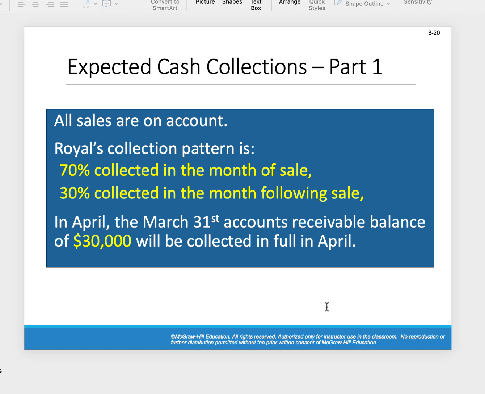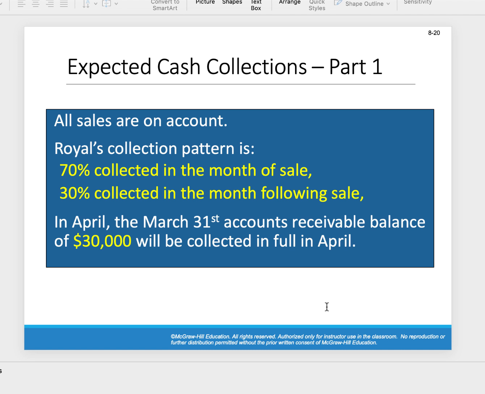Now we need to look at collections. When am I going to collect this cash? In the book world, they're going to tell us that the company recognizes that in the month that they have a sale, they collect a certain percentage of that month's sales in that month. What does that mean? Well, in April, we collect 70% of April sales.